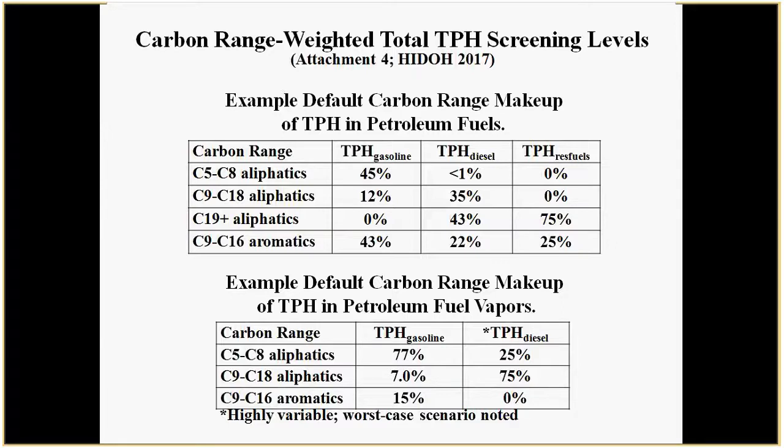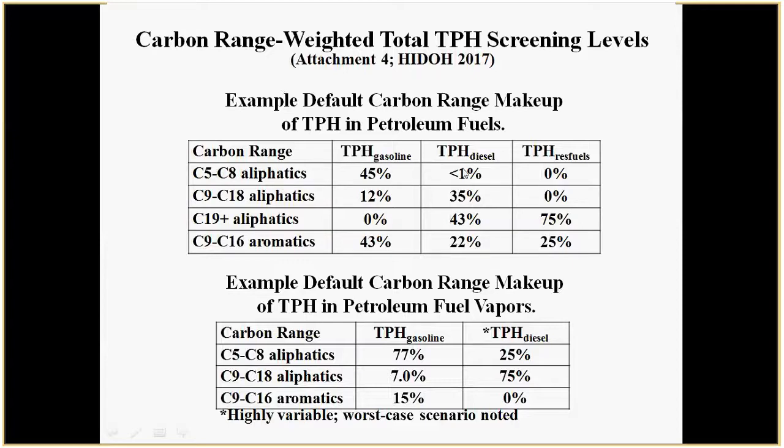For gasoline, we know they're dominated by C5 to C8 aliphatics, light chain hydrocarbons. There's a small amount of the heavier chain aliphatic compounds, and then some moderate range C9 to C16 aromatics. So we know this composition of gasoline, then we can actually calculate a weighted toxicity for gasoline based on the toxicity of these individual carbon ranges.